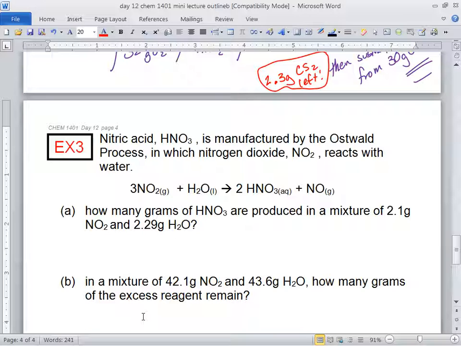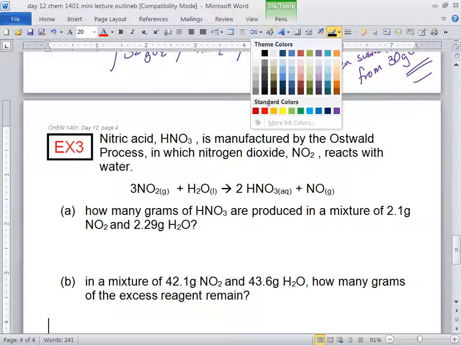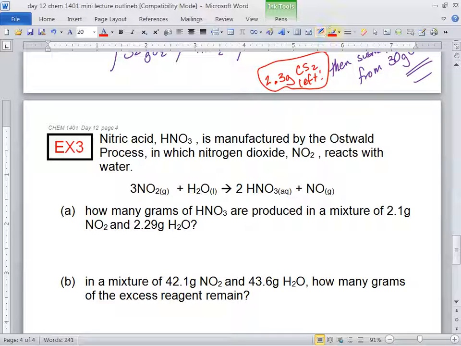Okay. So try a few more of these, especially part B I added. There's a term that's in your homework. Make sure you see what I'm talking about here. Part B has the term excess reagent.